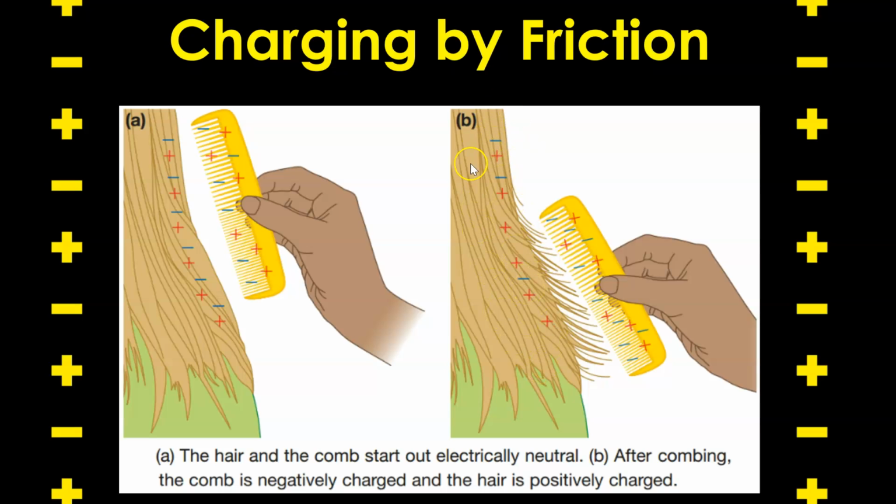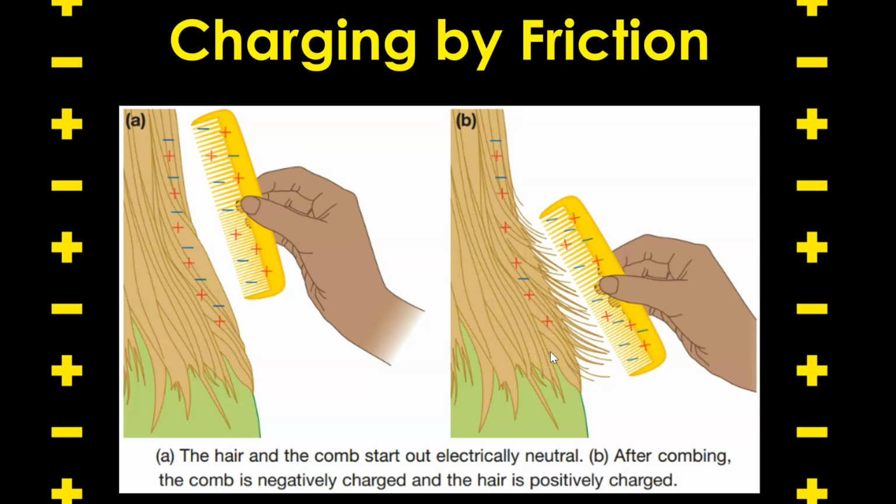So the hair becomes positively charged after the rubbing. And the comb has 9 negative charges compared with only 6 positive charges. So the plastic comb has become negatively charged. The hair has become positively charged.